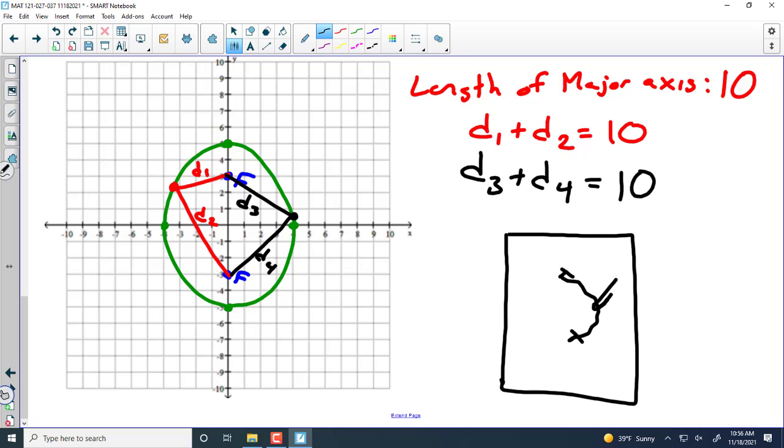I pity the people that look at these notes afterwards and don't know what I'm doing. Because they're going to look at that, and they're going to be like, is Steve on a treasure hunt? Is that a map? But that is how you draw an ellipse, because that distance is going to stay the same. So the distance of the major axis is always the sum of the two distances for every point on the ellipse.